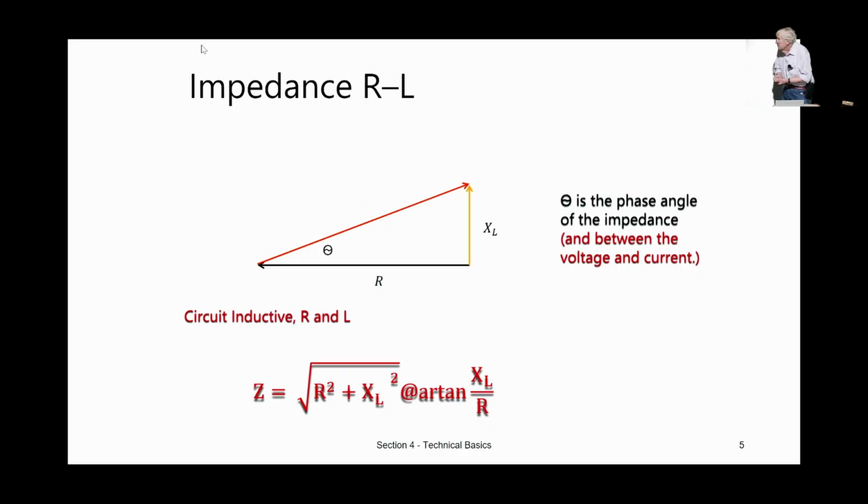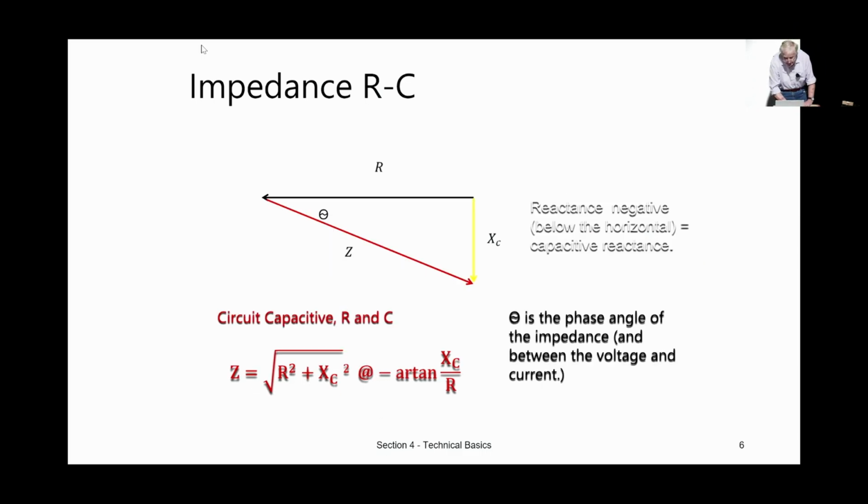The square root of R squared plus X squared gives you the magnitude, or the size, of the impedance, and the arctan of X on R, which is really just the angle whose tangent is X on R, gives you the phase angle. So that's the inductive case, and that's the capacitive case, just reversed in sense.